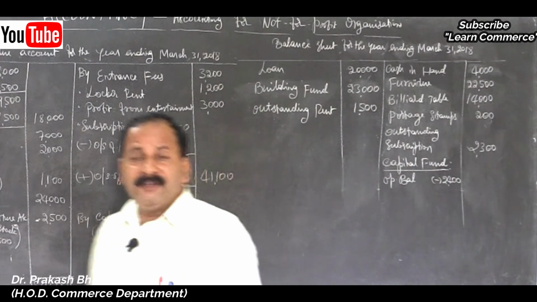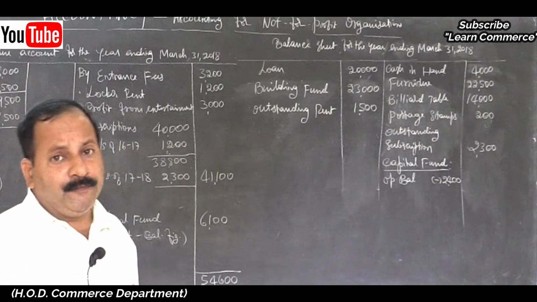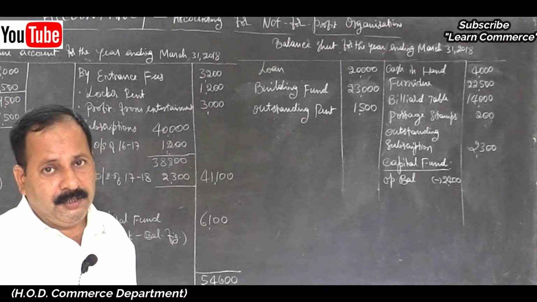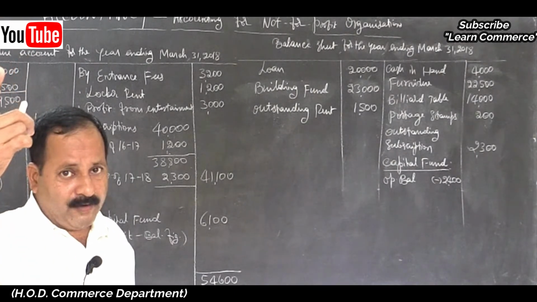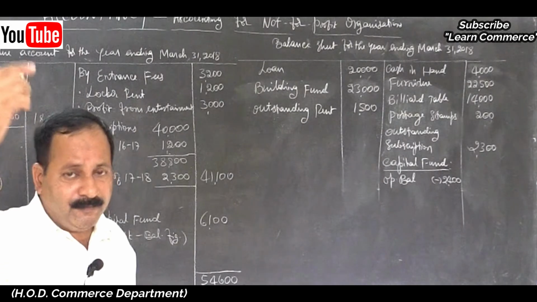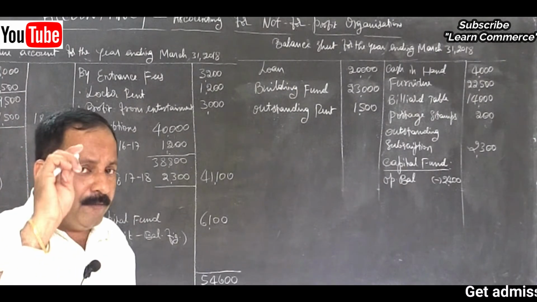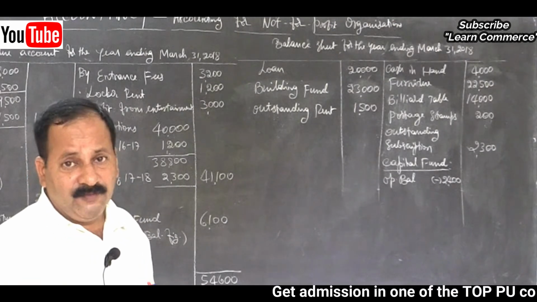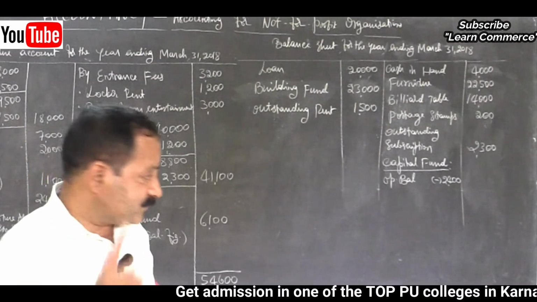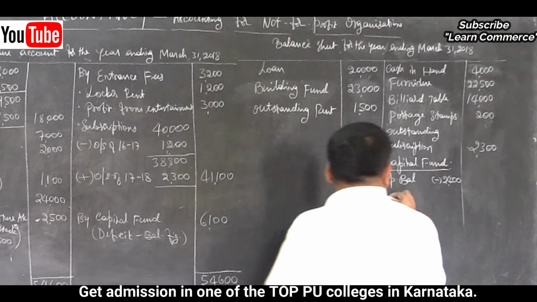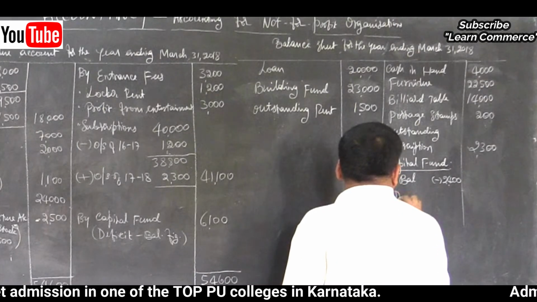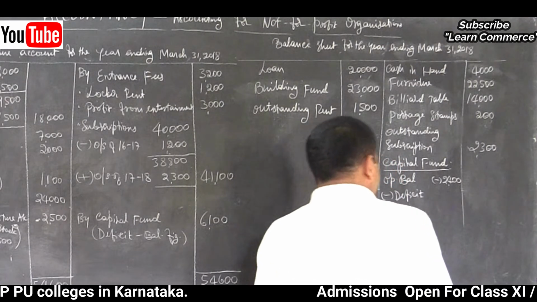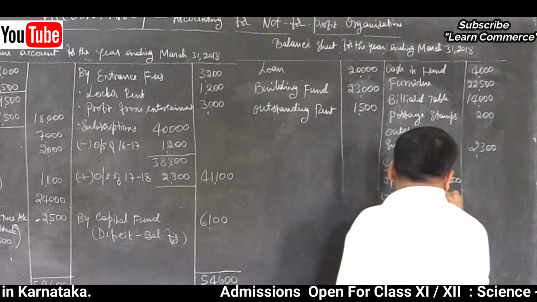Deficit should be deducted from the capital fund. Actually, that is the rule. You have to add surplus to capital fund, and you have to deduct deficit from capital fund. As the capital fund itself is negative, having negative balance, what will you do now? Deficit minus deficit. You will add it together, right?